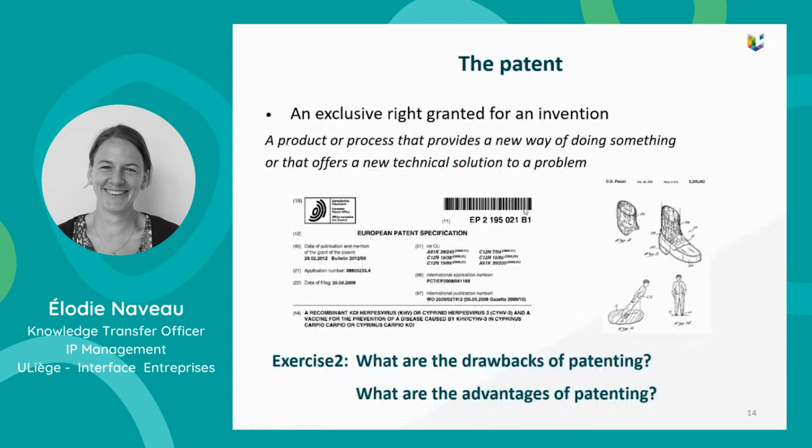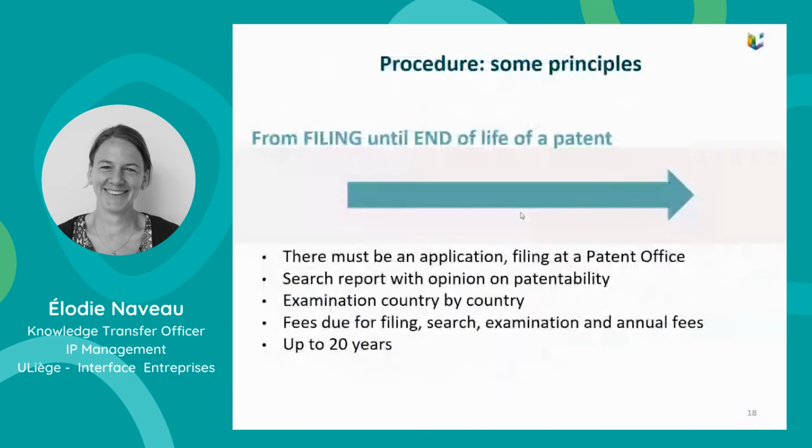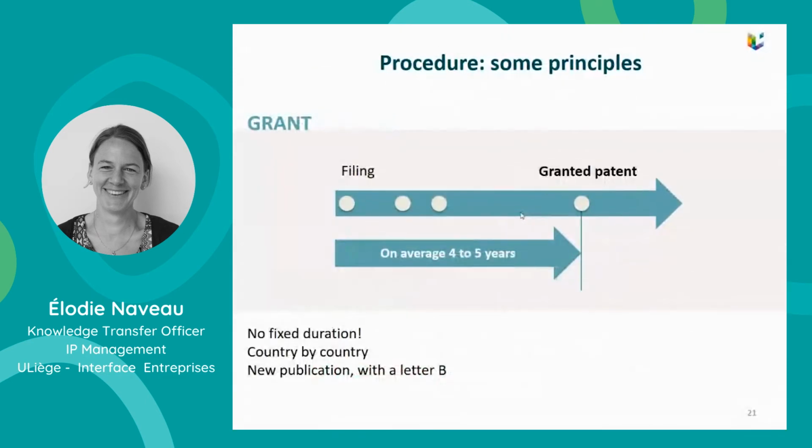When it is not granted, you have a letter A. So you have several publications. First, the publication of the application, and then the publication of the grant. And you will have the US grant if the patent is granted in the US. You have Japanese, Chinese, and so on.